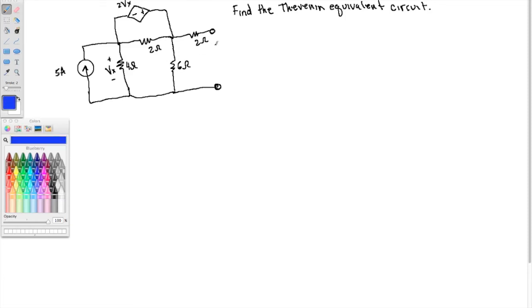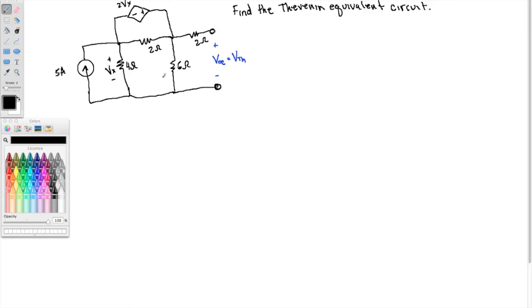And the open circuit voltage, regardless of if you have dependent sources or not, is equal to the Thevenin voltage. It's only the resistance that changes our process. Okay, so we want to find the open circuit voltage, the voltage from here to here.